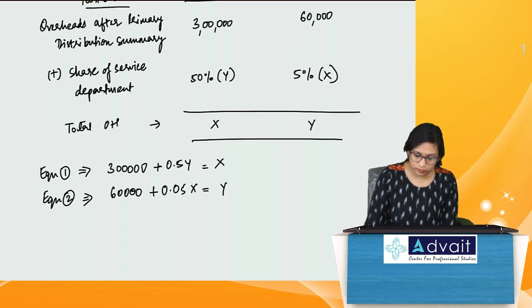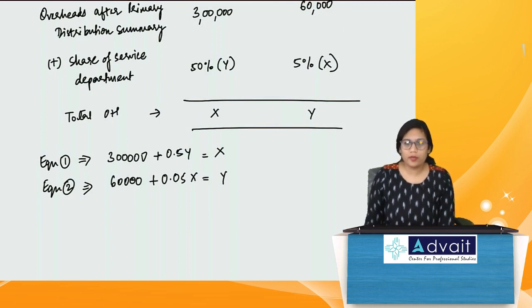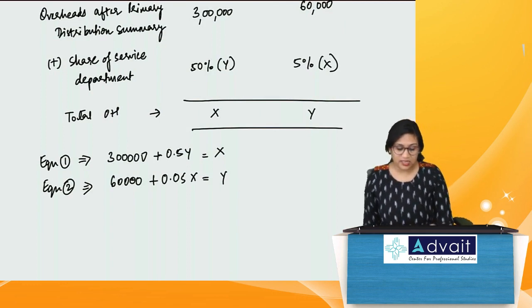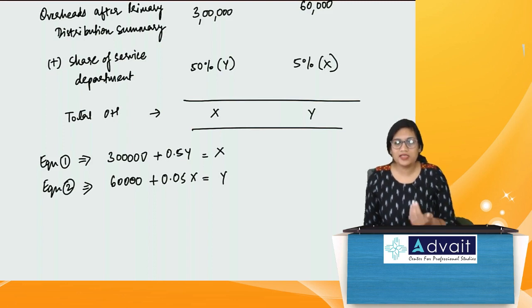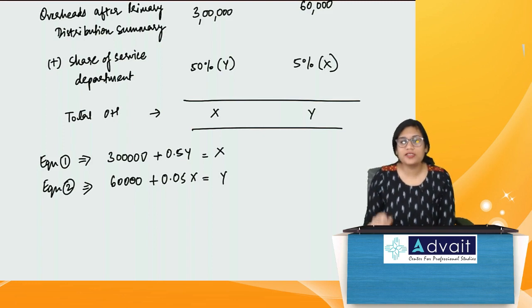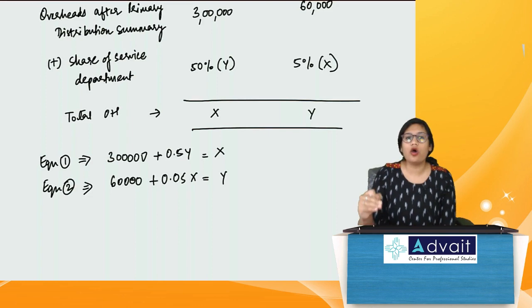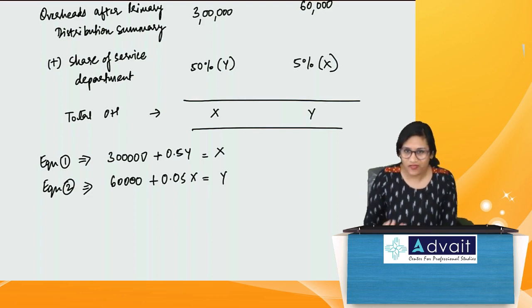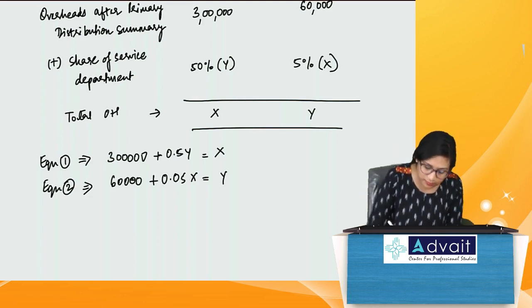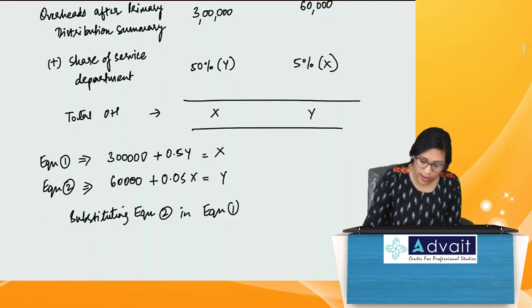So I have two equations, both equations have two variables, but here it is very clear. Both the equations are given in terms of x and y. So to solve this, can I substitute either the value of x in y or the value of y in x? Very simple. So let's say we will be substituting equation 2 in equation 1.